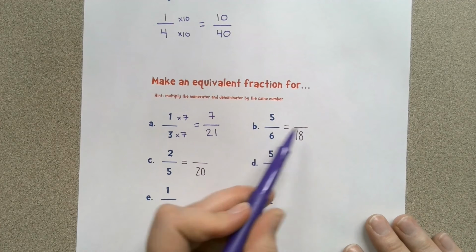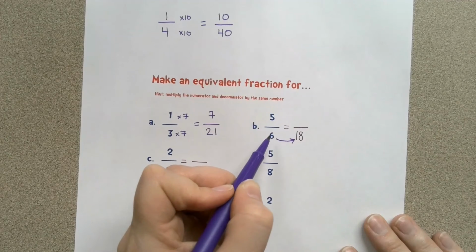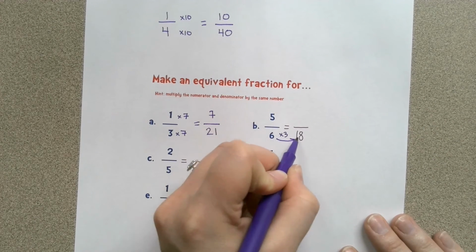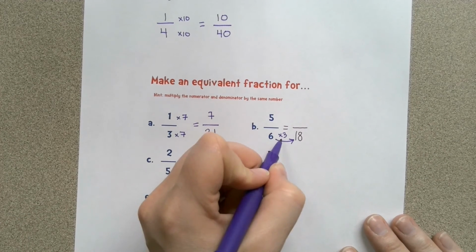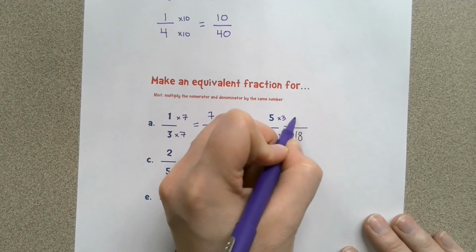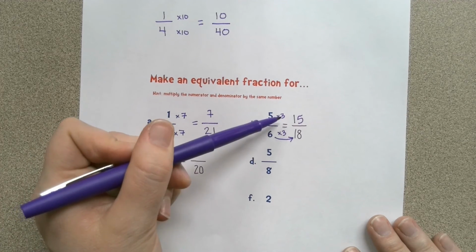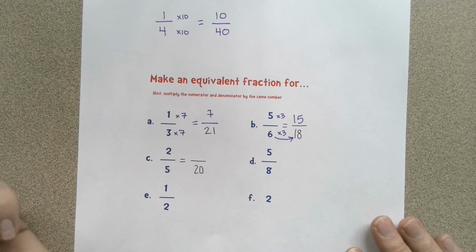You'll notice for B that part of it was already filled in, so we need to figure out what this relationship is. 6 multiplied by 3 gives us 18, so that means we have to multiply by 3 in the numerator because we have to treat them the same. So that would give us 15. The numerator and denominator operation has to match for it to have the same value.